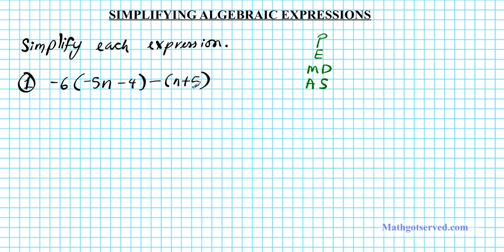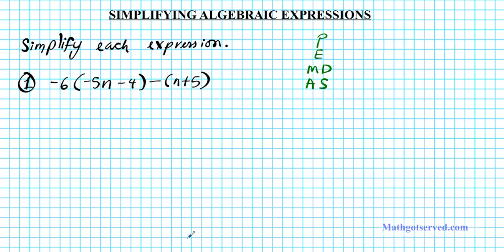Another way we can distinguish these two terms in the parentheses is using degrees. Okay, this is a first degree variable in terms of n, and this is a 0-degree variable. So when their degrees are different, they are unlike terms. You cannot combine them. Okay, here we have the degree of the variable n here is 1, and the degree of the variable here is 0. So these are unlike terms also.